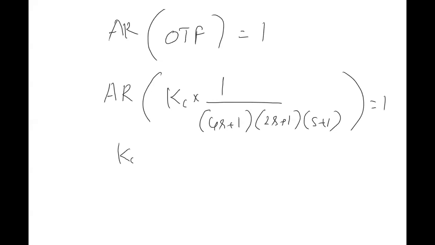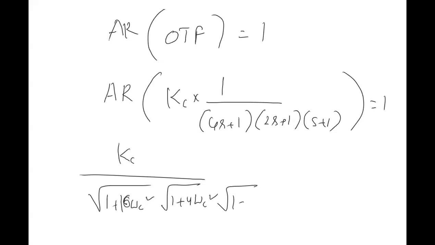So Kc divided by root of 1 plus 16 omega c square, 1 plus 4 omega c square, 1 plus omega c square is equal to 1. So let's substitute omega c, which is root 7 by 8. Then we will get 45 by 4, which is 11.23.